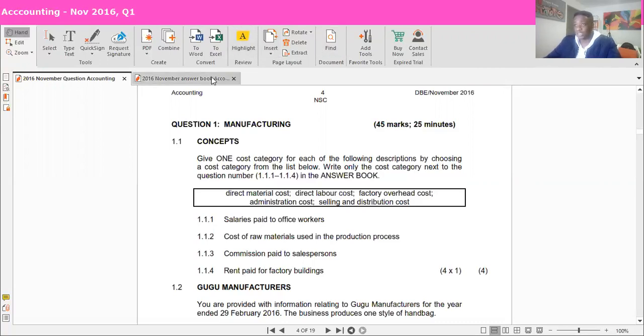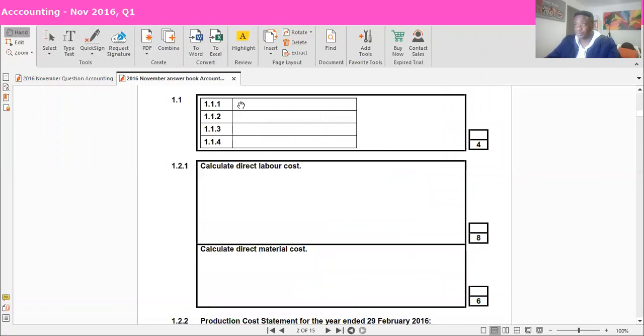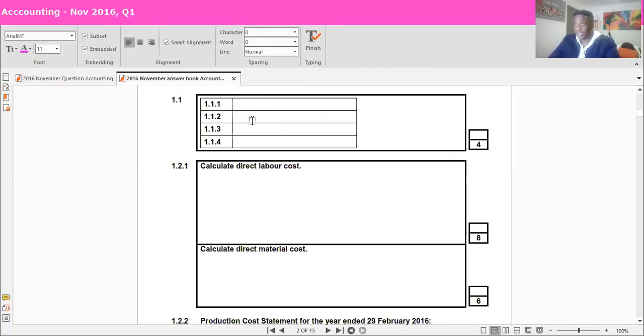All right, let's write those answers down. The first answer was administration cost, so I'm just going to write admin cost. The second one is direct material cost, and I write DMC.